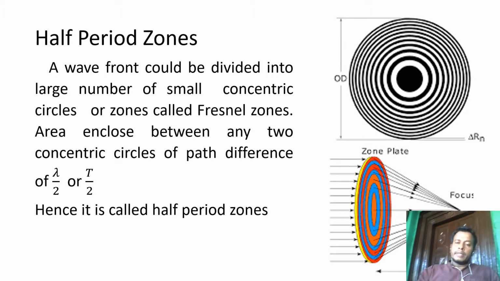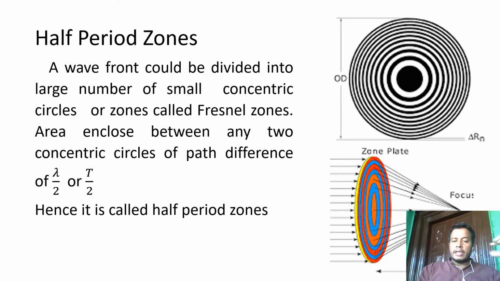As you know, a convex lens has the property of converging light rays to a single point, but there are some demerits in lenses. In these half period zones, we can eradicate all these demerits of lenses. Seeing this zone plate, this is HPZ, half period zones.